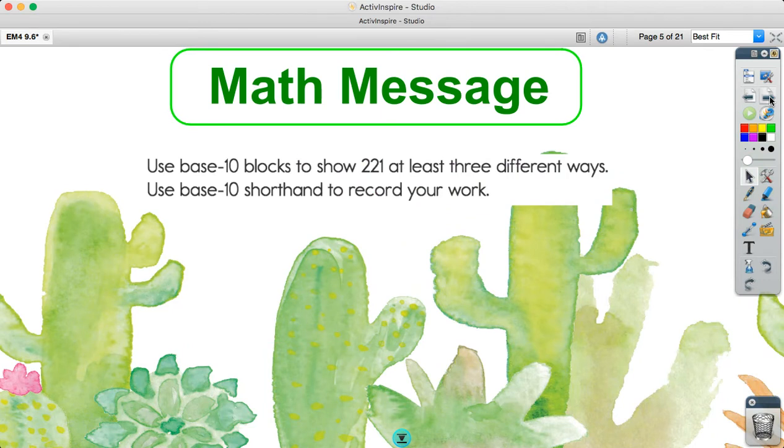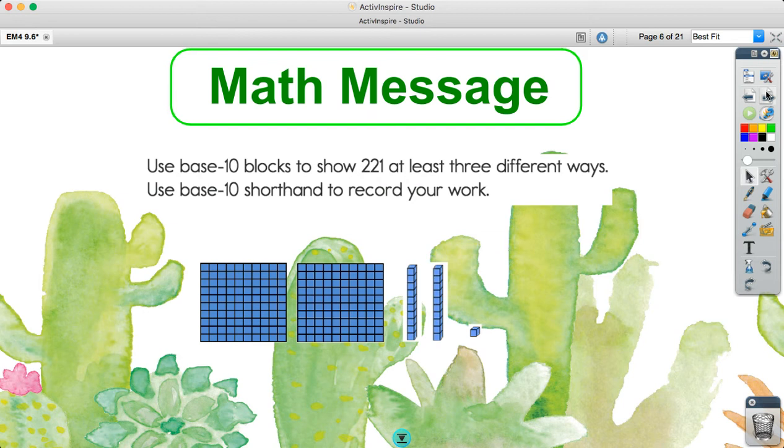Today's math message: use base 10 blocks to show 221 at least 3 different ways. Use base 10 shorthand to record your work. Please pause the video now. One possible way to show 221 would be to have 2 flats, 2 longs, and 1 cube.